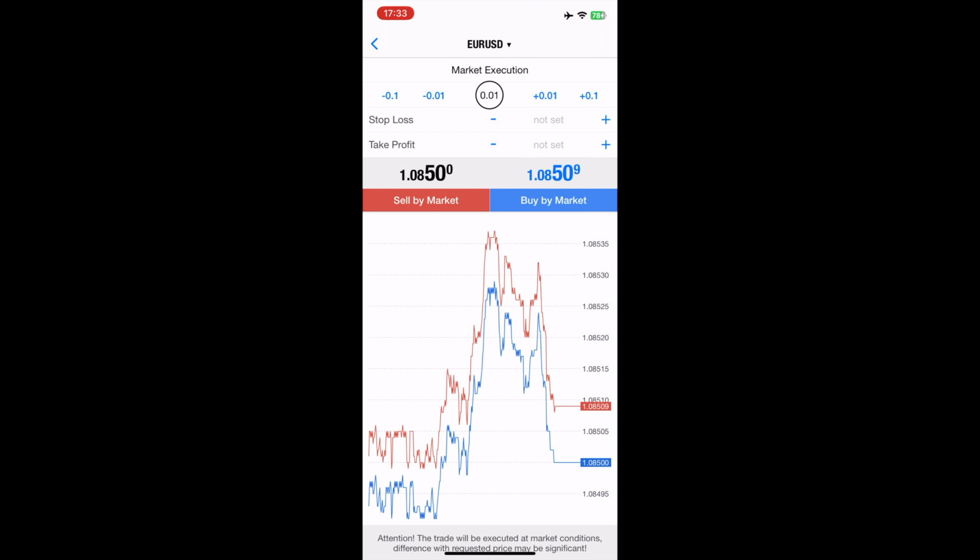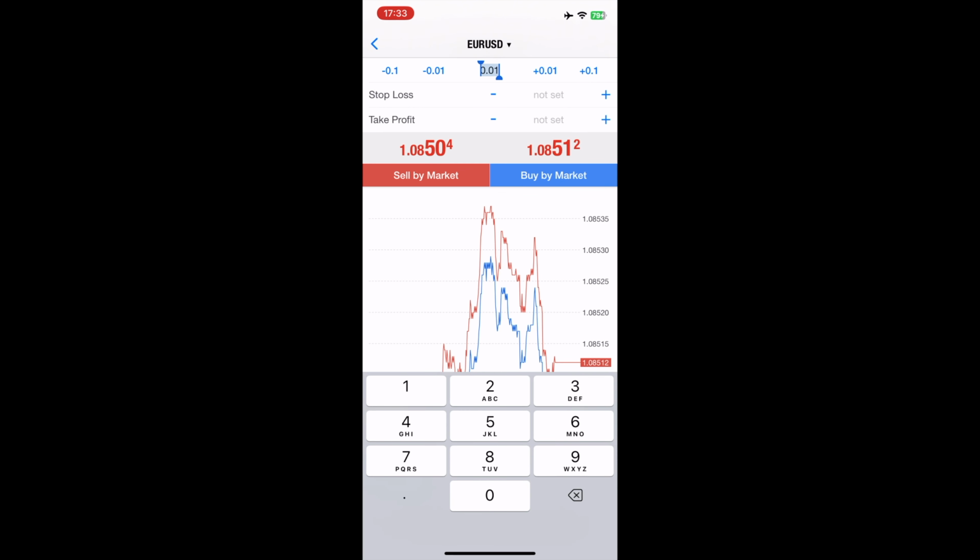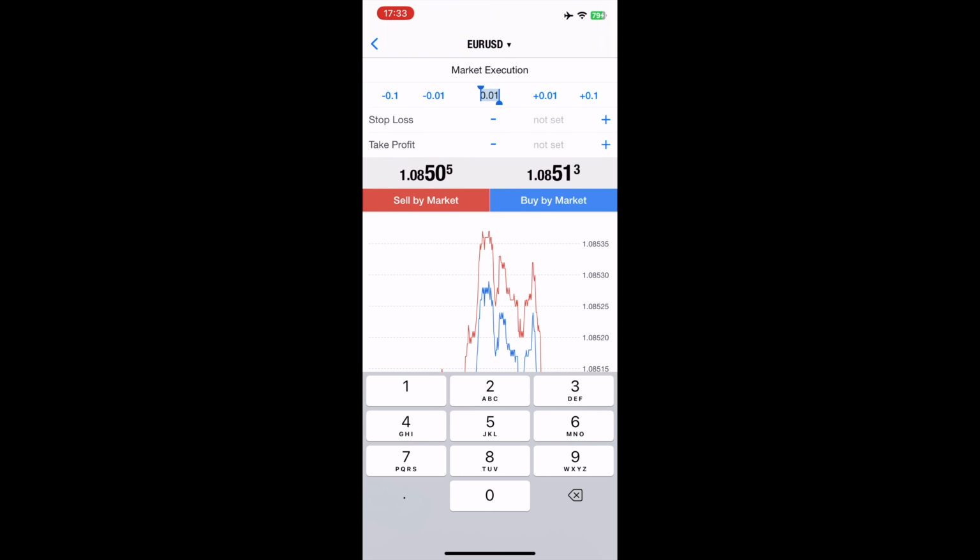Now, lot size, remember the video of lot size, right? This 0.01 you're seeing here is the lot size I'm using. So I want to buy or sell with a lot size of 0.01, right? And I think the lowest lot size is 0.01. The highest lot size, I think, is 100.